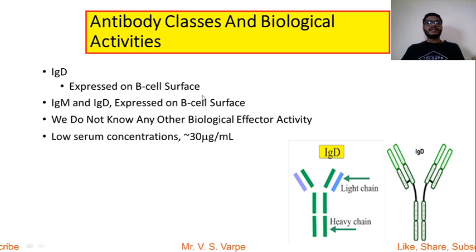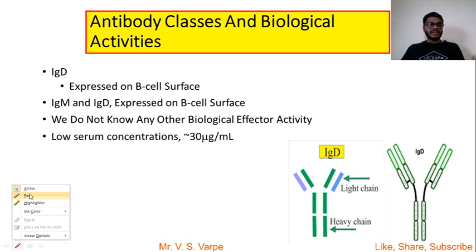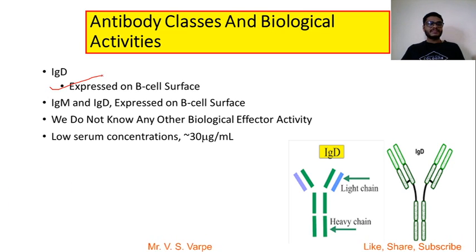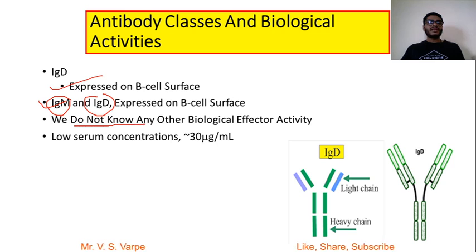Next one is antibody IgD. IgD is expressed on the B cell surface. IgM and IgD are both expressed on the B cell surface. We do not know any other biological effector activities.